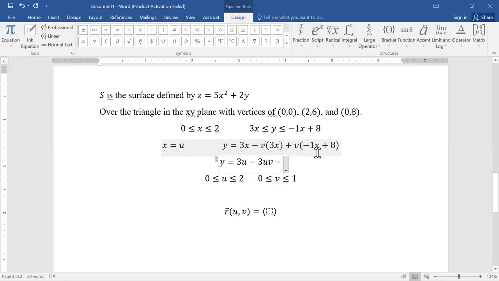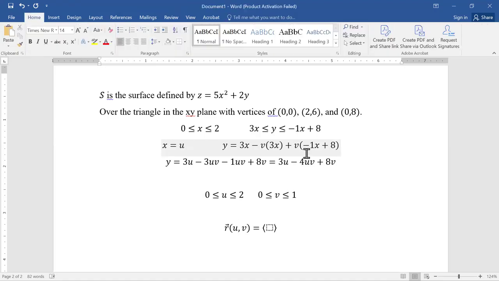And then when I do a u substitution here, I get negative 1 times u times v, and then plus 8 times v. Simplifying that gives us 3u minus 4uv plus 8v as my value for y.